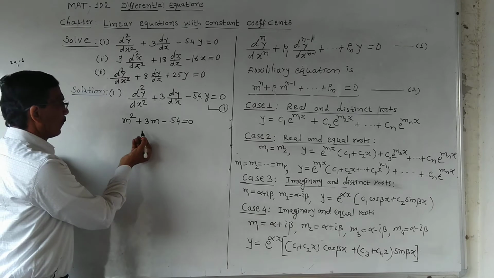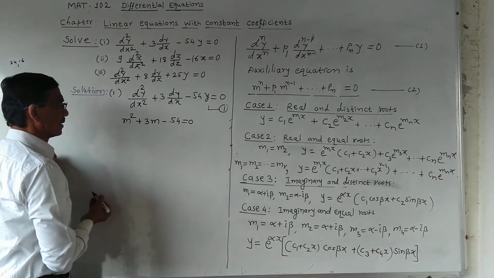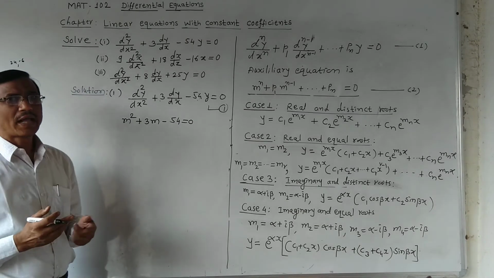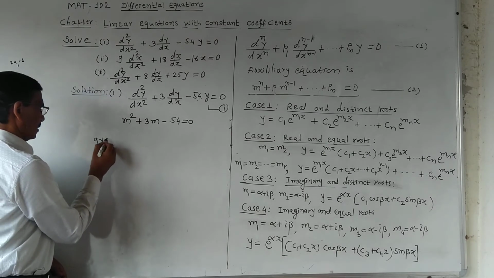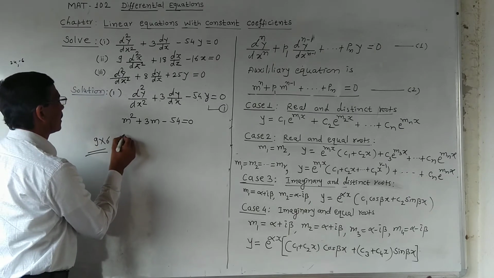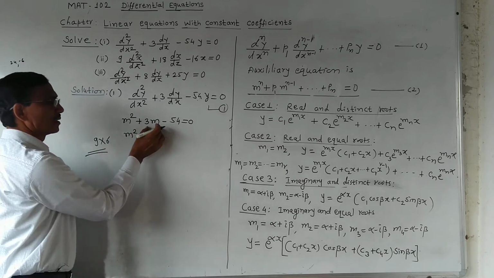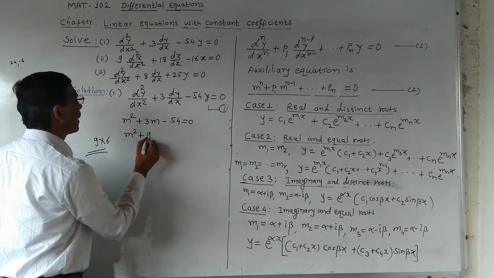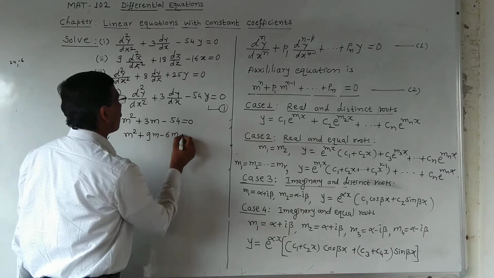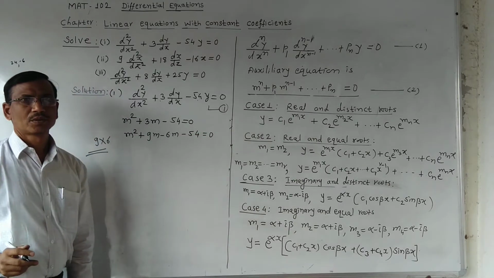Then we have to find its roots. This is 54 and this is 3. Then we know that 9 and 6 give 54, and therefore it can be written as m square plus 9m minus 6m minus 54 is equal to 0.